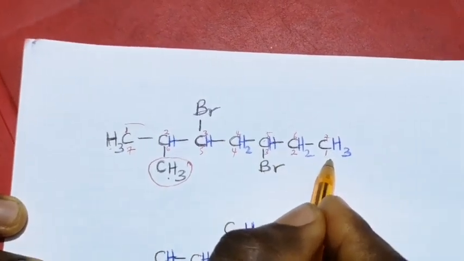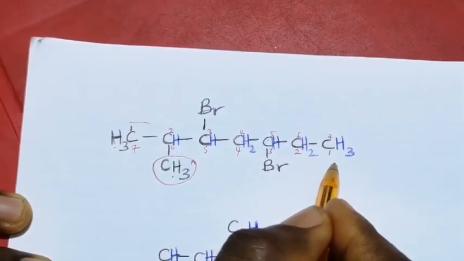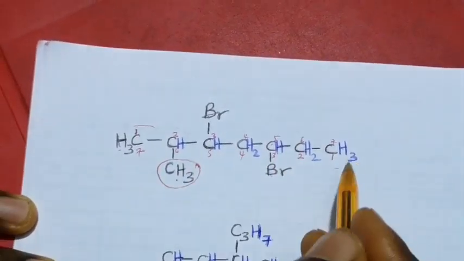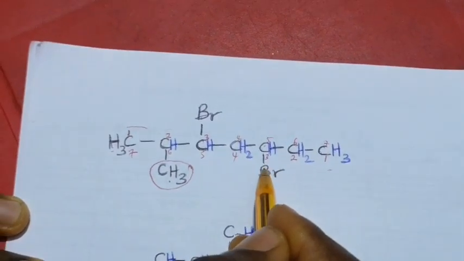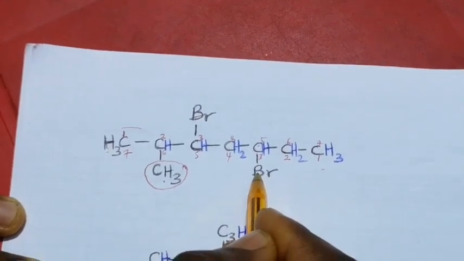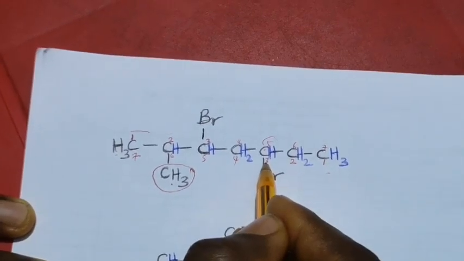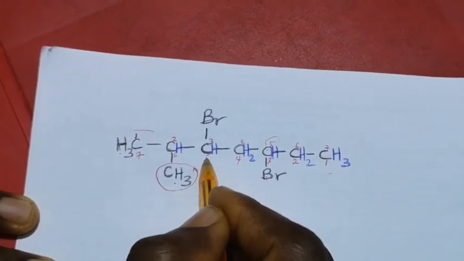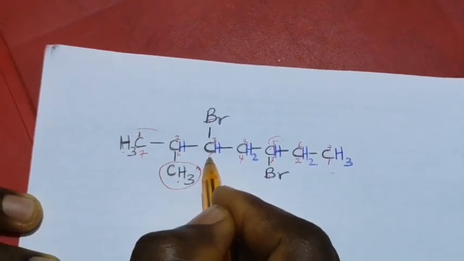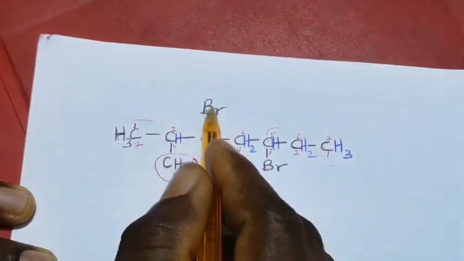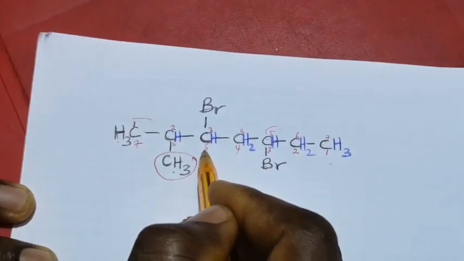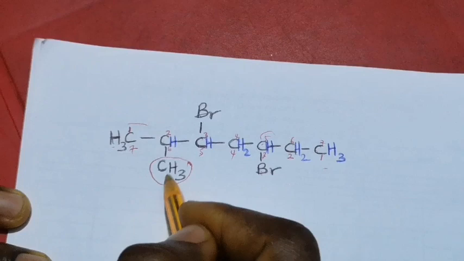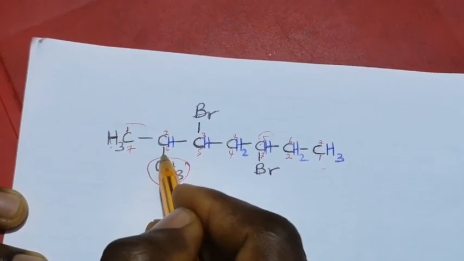But when we take our readings from the other end, this bromine will be at the third carbon atom, this bromine at the fifth carbon atom, and methyl will be at the sixth carbon atom.